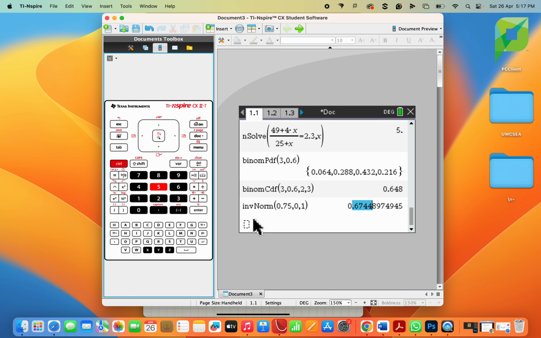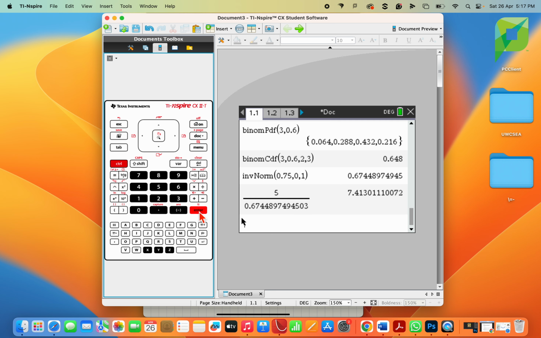So 5 divided by, we can use the full accuracy of the answer, and we've got 7.41. So sigma equals 7.41, and I think it was minutes was the units, right? So back to here, we now know that sigma equals 7.41 minutes.